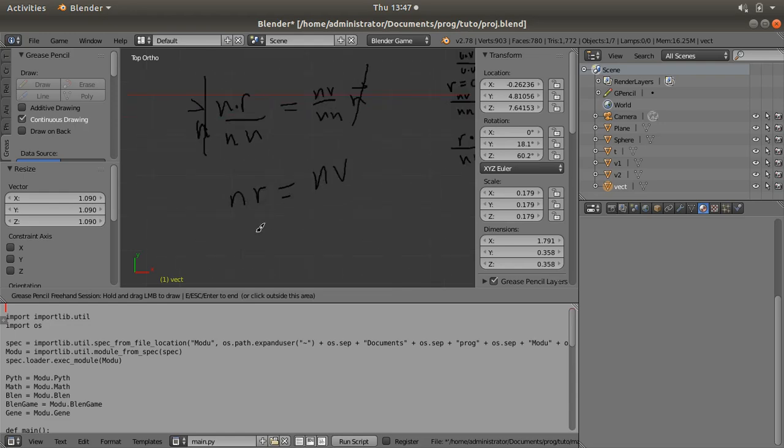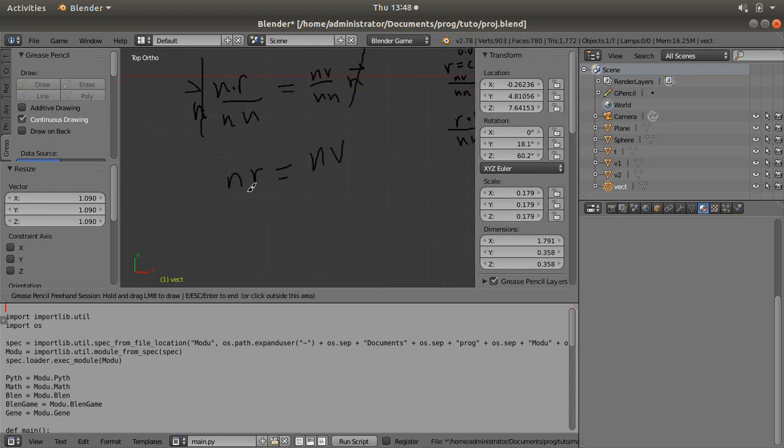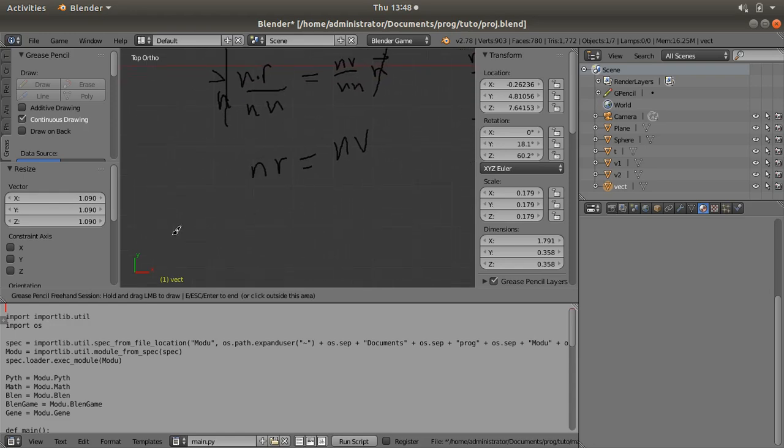And so I'm going to dot these out, and I'm going to get the magnitude of the normal times the magnitude of the ray times the direction of the normal dotted with the direction of the ray, and that's equal to n·v.